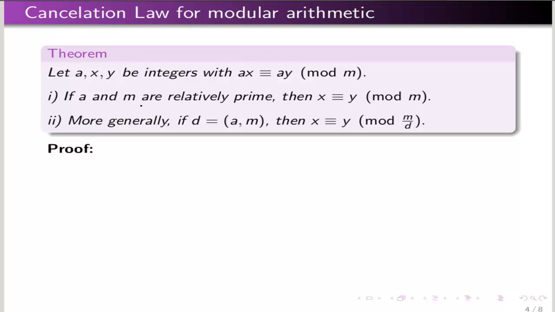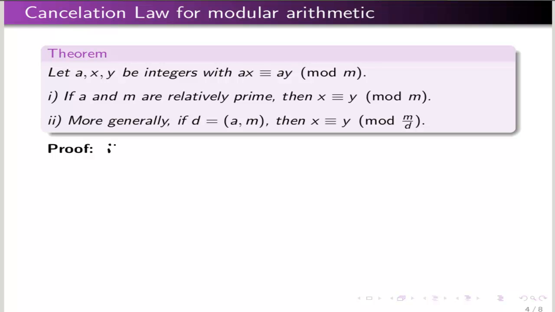So if a is relatively prime to m, then I can cancel the a on both sides, and we simply get x is congruent to y mod m. More generally, if they are not relatively prime, I'll let d be the GCD, and then I can say x is congruent to y mod m divided by d. So it's not congruent mod m, but rather the smaller modulus m over d, which is a weaker congruence statement.